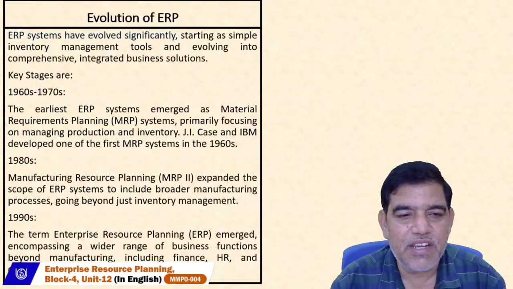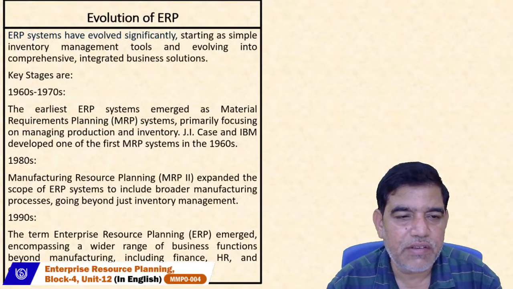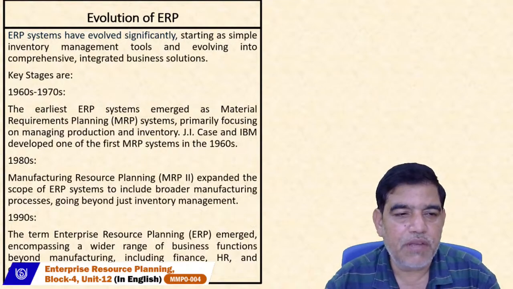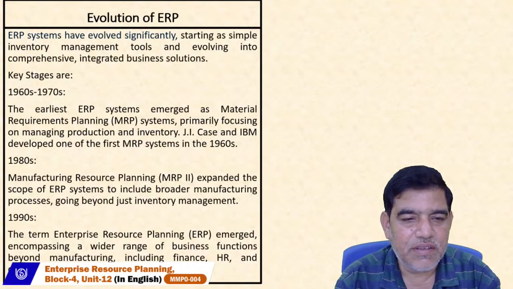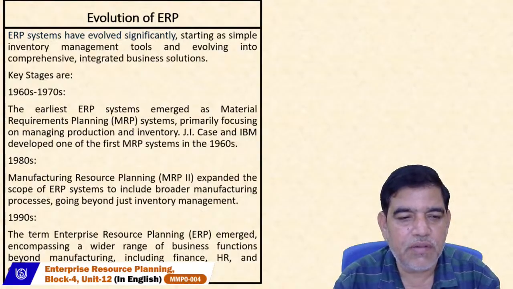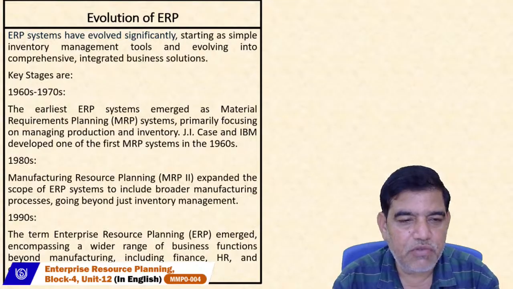That means it makes a relation with the vendors, the suppliers, and the manufacturing organization, and it properly manages the production and inventory. Then in the 1980s, the second generation of ERP was developed and named MRP2. MRP2 stands for Manufacturing Resource Planning.